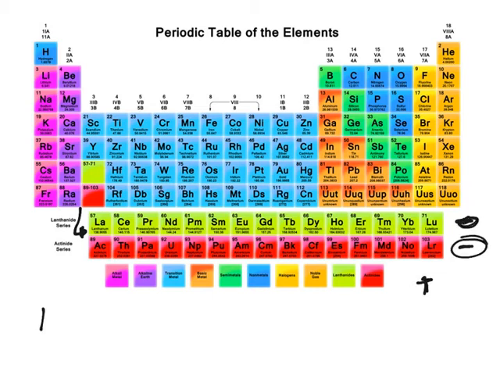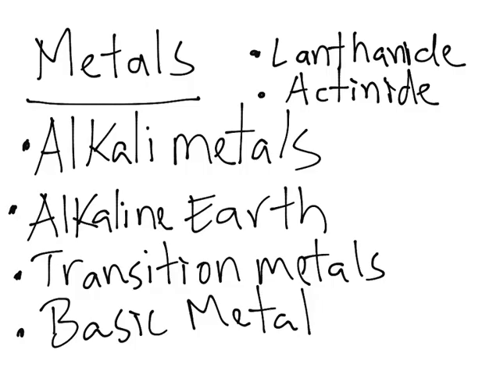First is lanth, second is actinide, act. Most of the time you don't have to remember them, but sometimes they ask for them, so it's better to know them. Those are the 6 types of metals.